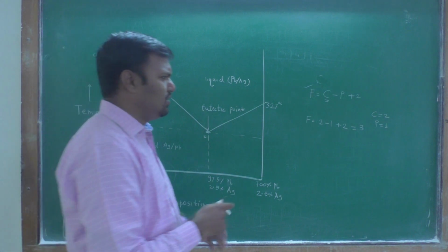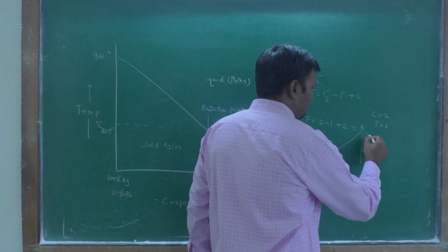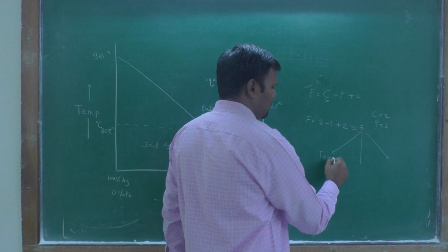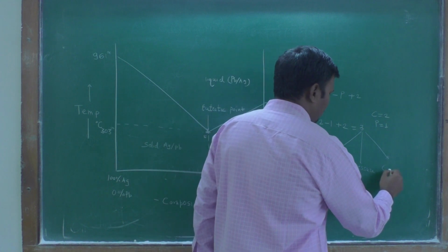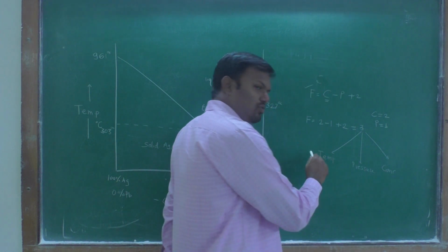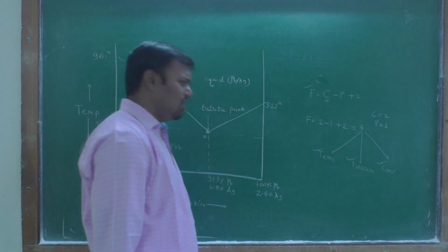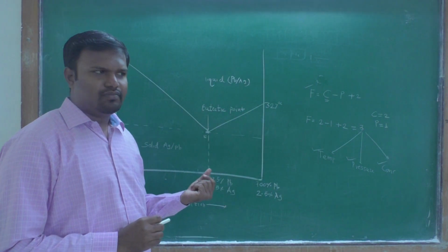Therefore, 3 means we require temperature, pressure and concentration for the description of this system. By using these 3 variables, we can describe this system.